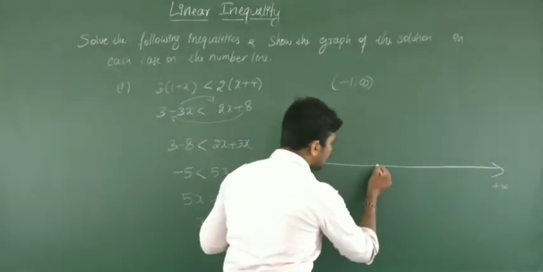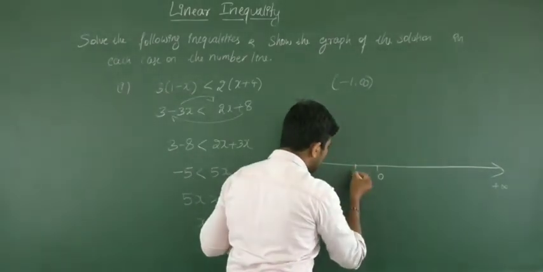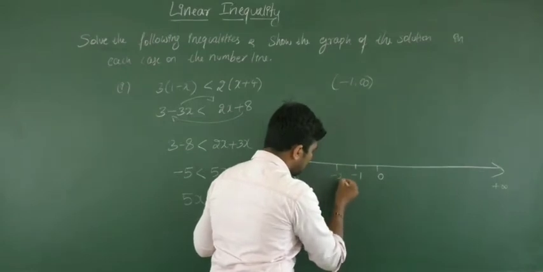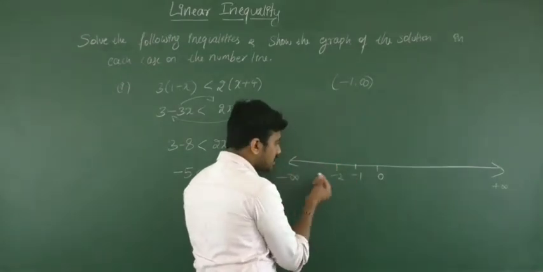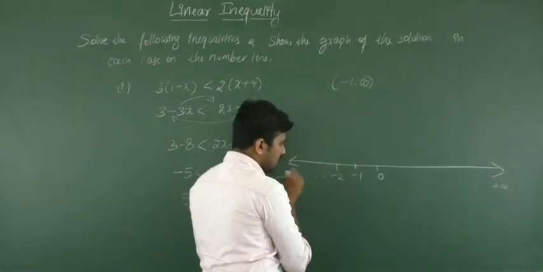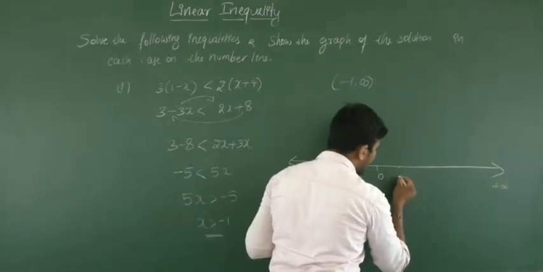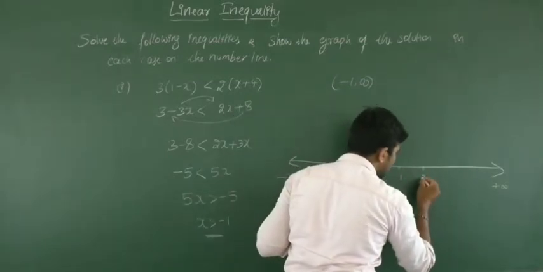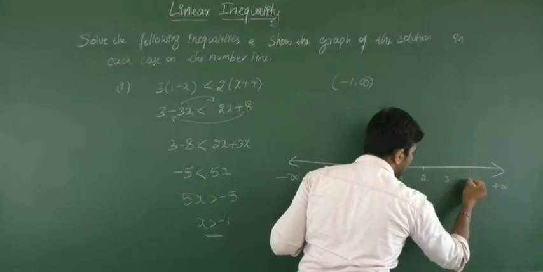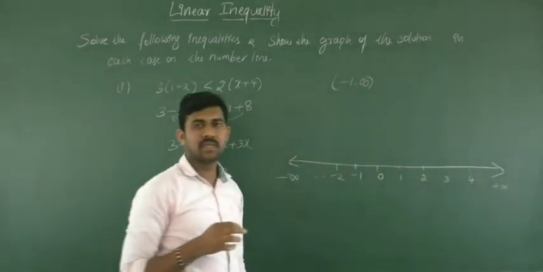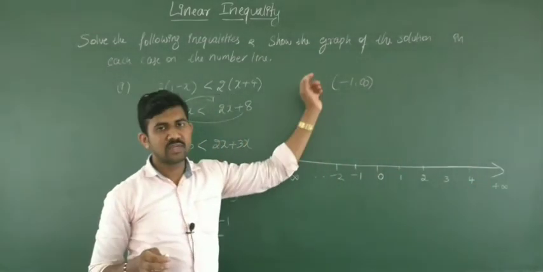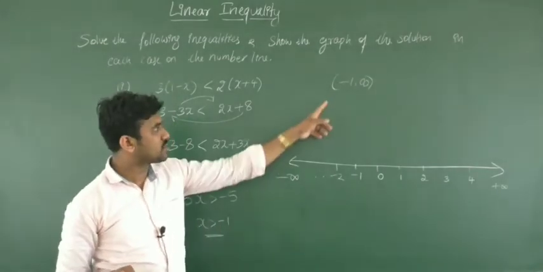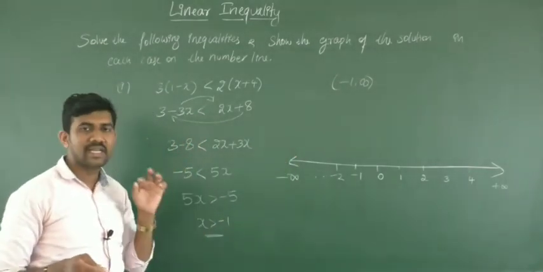I'll consider here 0 and the next points minus 1, minus 2. If you consider the left hand side, it decreases, right? If you consider the points on the right hand side, then it increases.